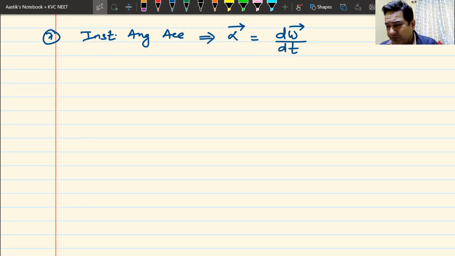But we are not going to deal with other axes. For example, if a body is moving in a circular path on this axis, it will only be moving along this axis. It will not rotate along another axis because then there will be 2 axes and the problem becomes very complicated, which is out of the purview of this course. That question doesn't come.